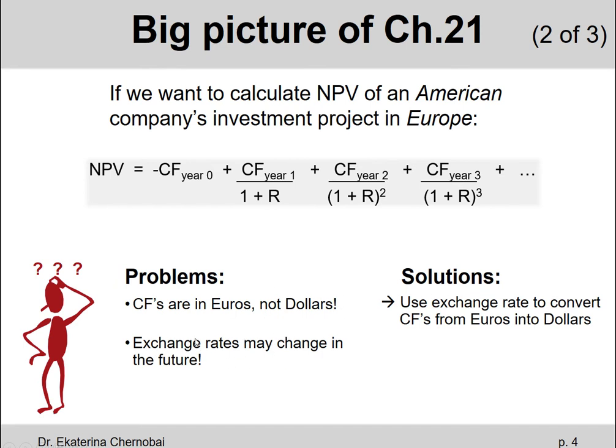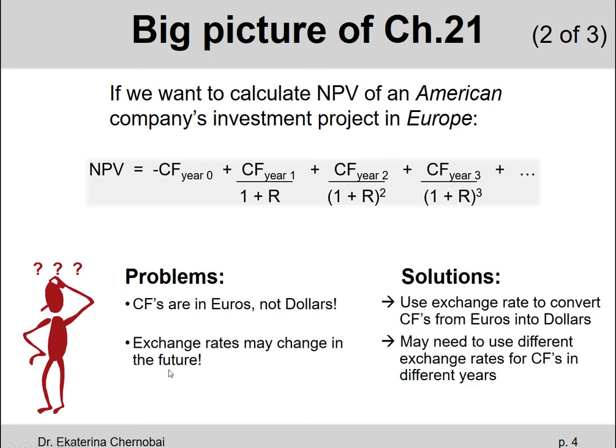So you cannot do a one-fits-all approach. You cannot look up the exchange rate as of today between the euro and the dollar and apply it to convert your cash flows from year 0, year 1, year 2 in the future, and so on, back into dollars. It cannot be the same exchange rate.